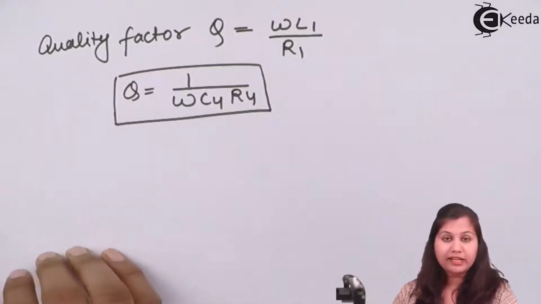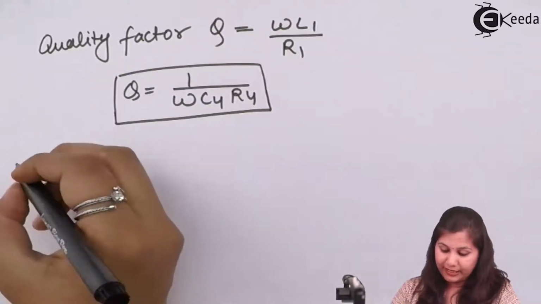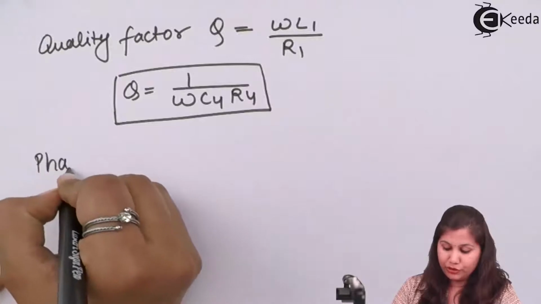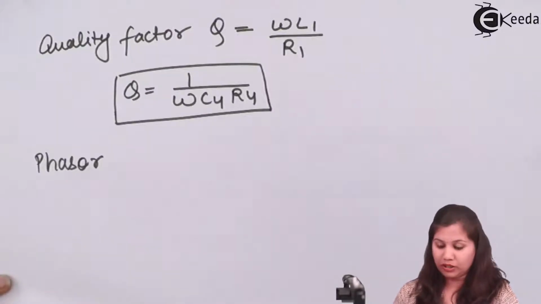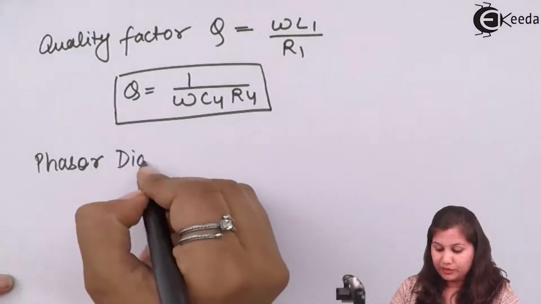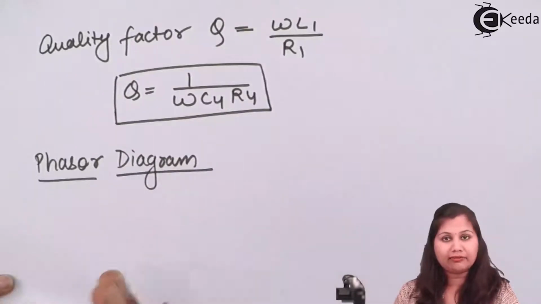Now coming to the phasor diagram of the Hay bridge. In the phasor diagram, we draw the relationship between the various phasors of the current and the voltages present in the network.